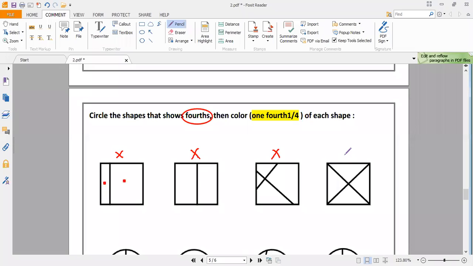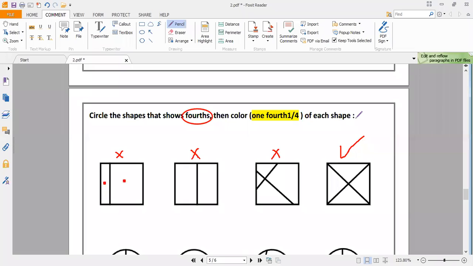Sidra, does this shape show fourths? Yes. Why yes? Why did we call it fourths? It's because it's equal parts. Yeah, all the parts are equal.